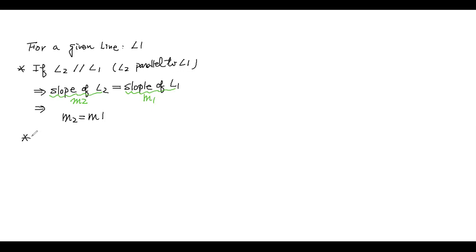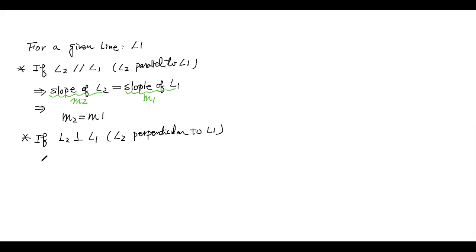How about if two lines are perpendicular? If line 2 is perpendicular to L1, using this notation, we read it as L2 perpendicular to L1. That means they intersect at 90 degrees.